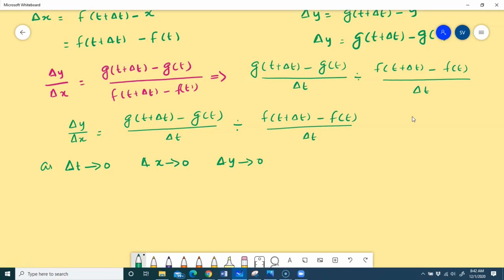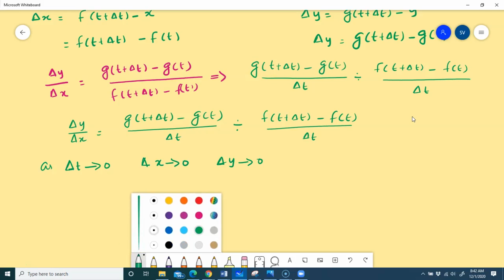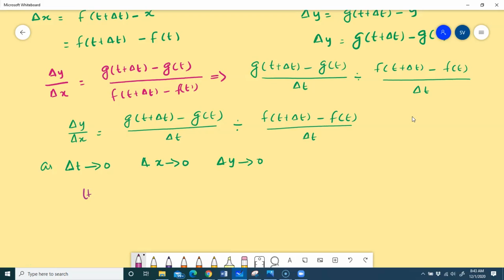So when we are applying the same limit here, as limit delta x tends to 0, delta y by delta x is equal to, because delta x is the decision maker on the left side, that is why we chose delta x tends to 0.